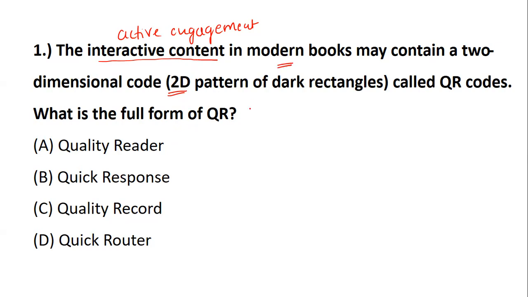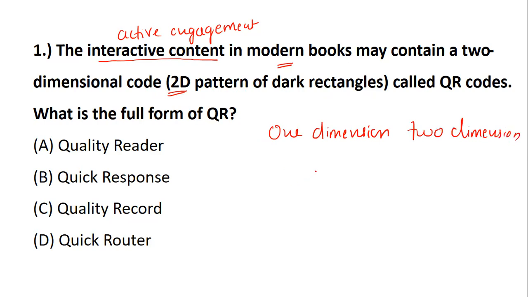So we are talking about today's books, where this interactive content contains a two-dimensional code, that is a 2D pattern of dark rectangles. There is something called a one-dimension code, and there is something called a two-dimension code. You should understand the difference.